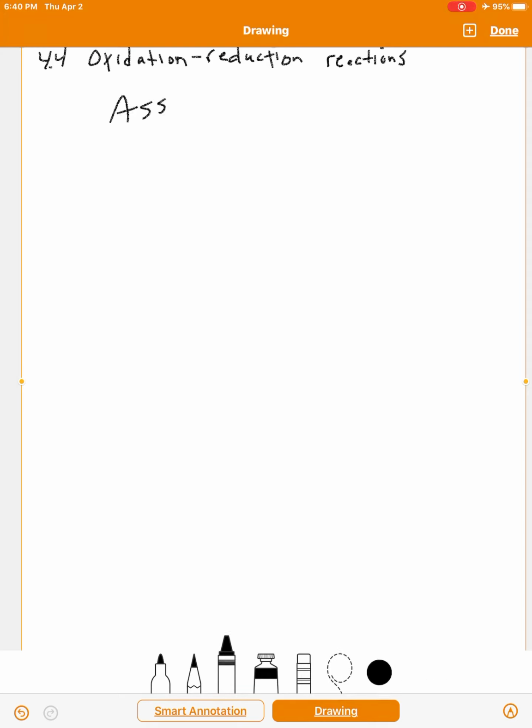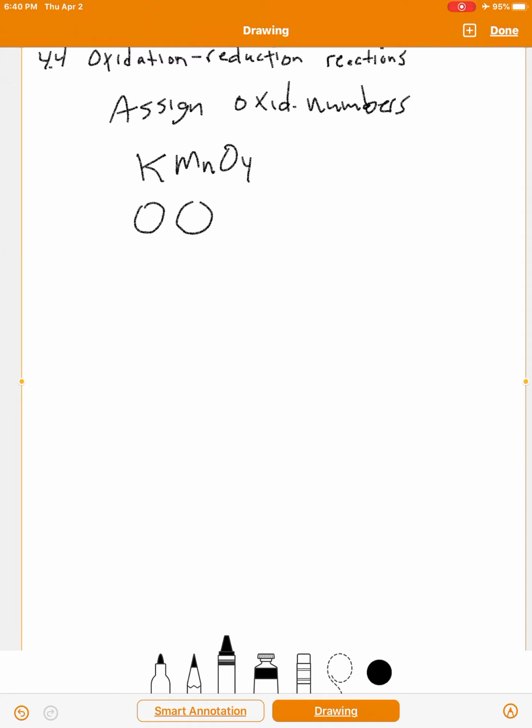So let's assign oxidation numbers. I'm going to do one actually that's from your textbook, KMnO4. I'm going to follow your textbook's logic.